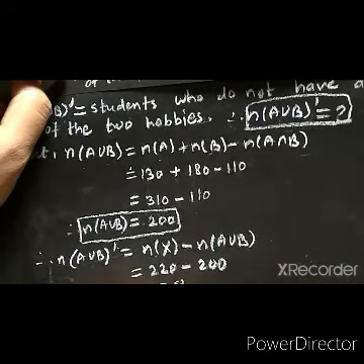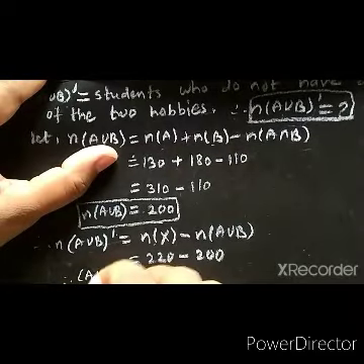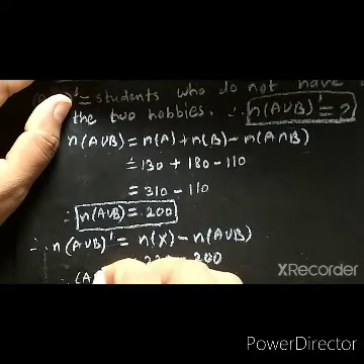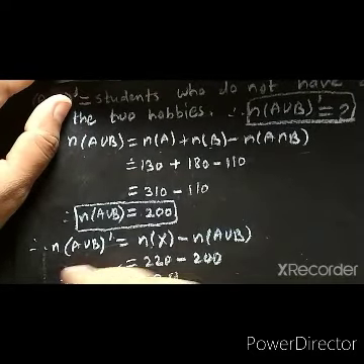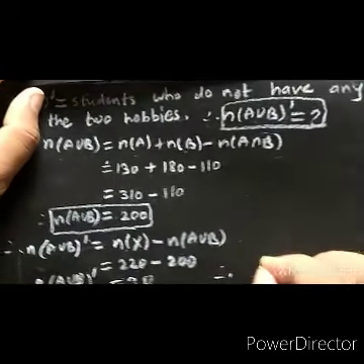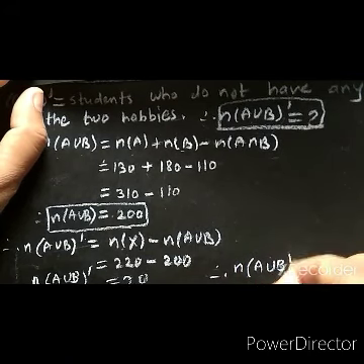Therefore here we got n of (A union B) complement.